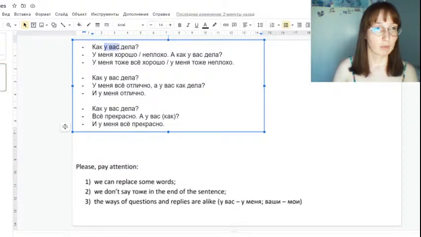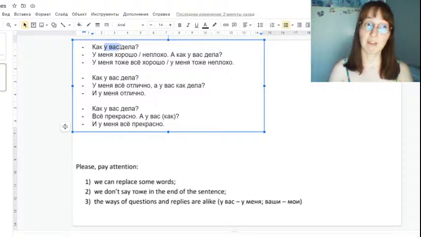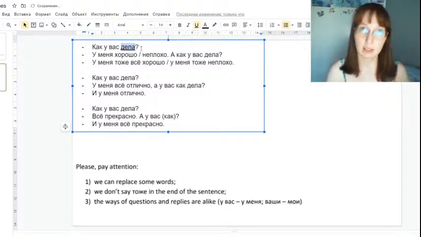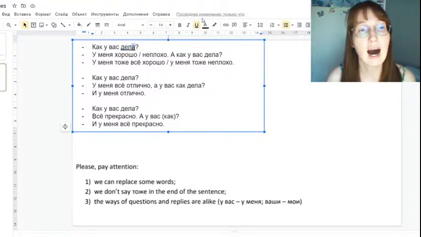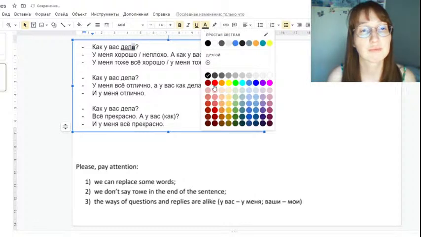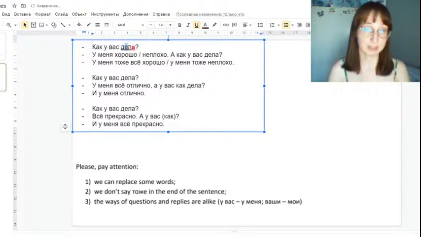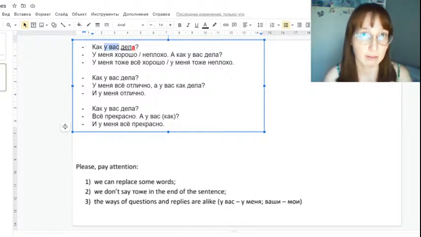Как у вас дела? This word is marked by intonation. Как у вас дела? Дела is stressed. Unstressed e here represents E sound. У вас literally means you have.